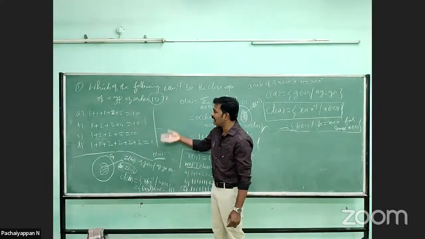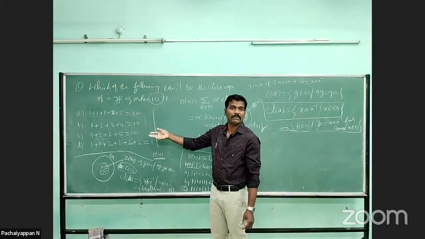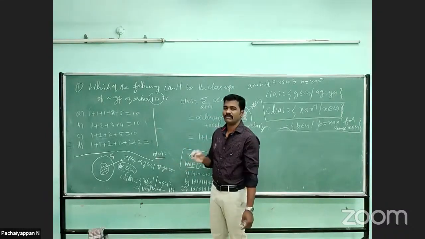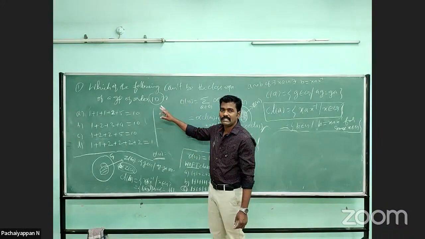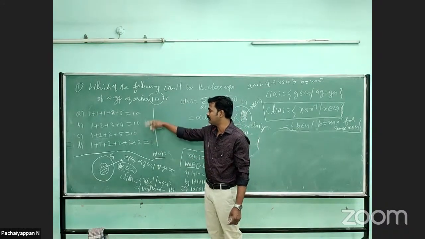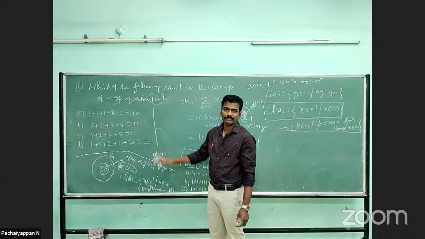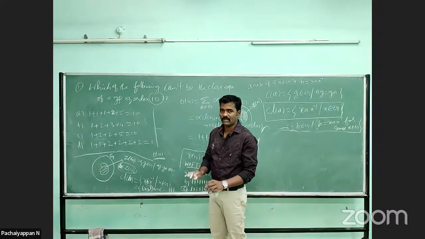Maybe it could be the class equation of a non-abelian group. We don't know still, but we are assured that the order of G is 10 and G is abelian. None of them is a class equation. Okay, this is the one conclusion.